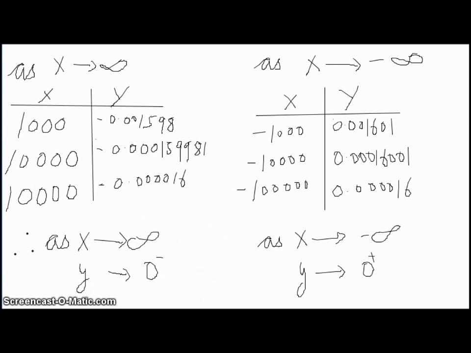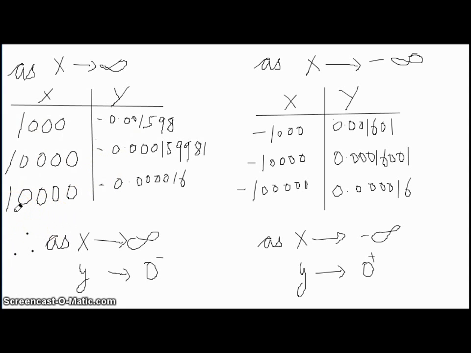As x approaches infinity, we use big numbers. As x is 1000, y is -0.00158. For x equal to 10,000, y is equal to -0.000159981.